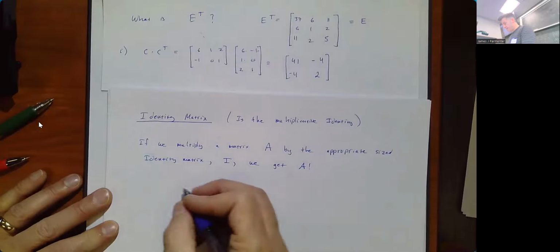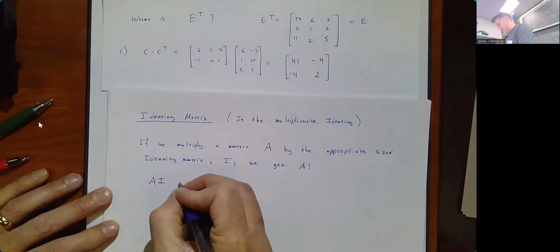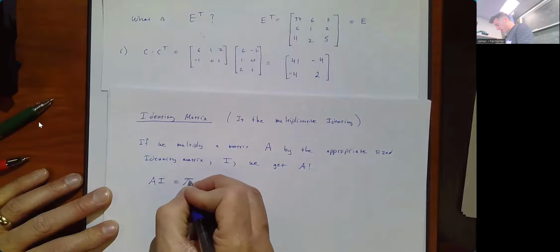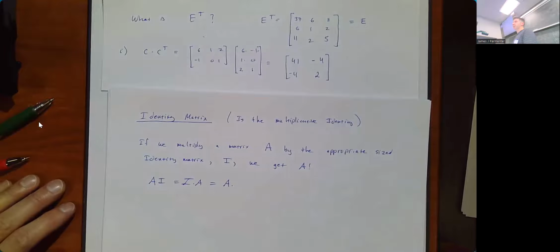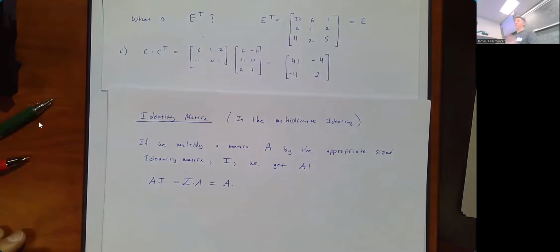That is A times I, or I times A, should equal A. That's what's special about the identity, just like the number 1: 1 times 5 equals 5 times 1 equals 5.